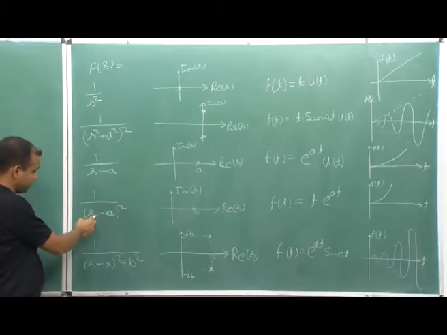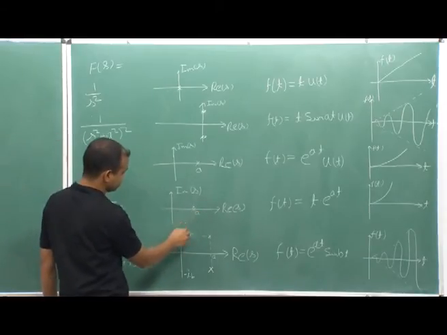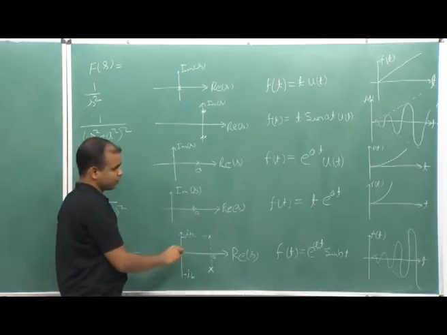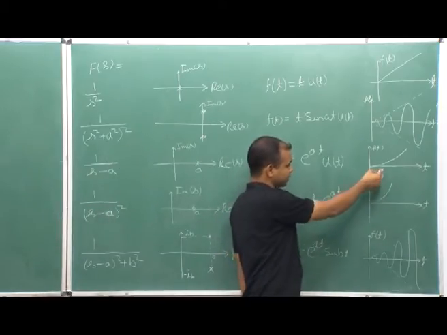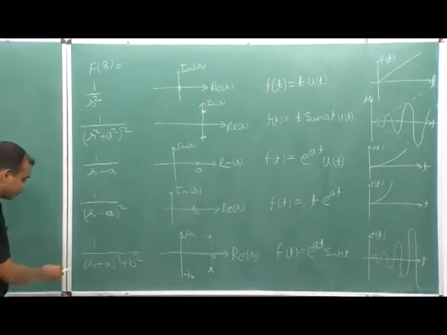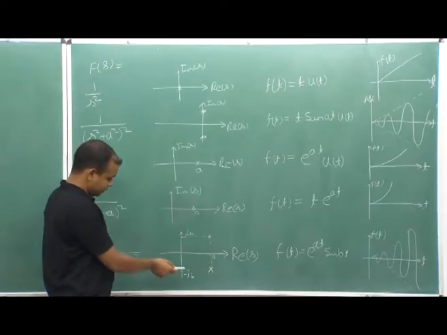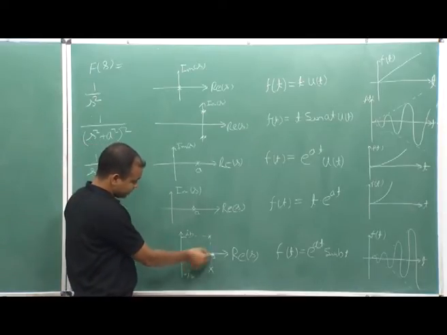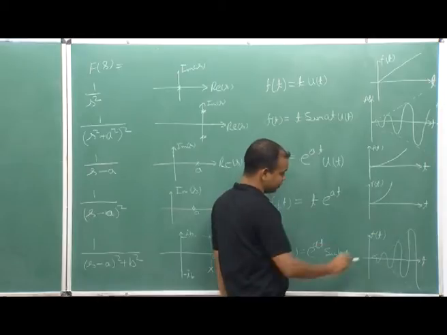For 1/(s - a)^2, in this case I have two poles at s = a, it will diverge faster than the previous one, and this will also be unstable. For 1/((s - a)^2 + b^2), there will be two complex conjugate poles in the right half, and the response will be e^(at) sin(bt), and it will be unstable.